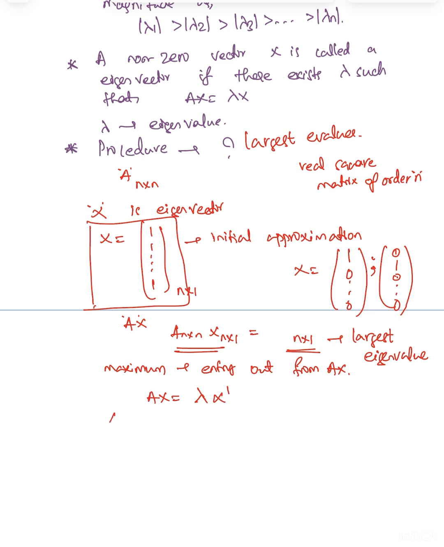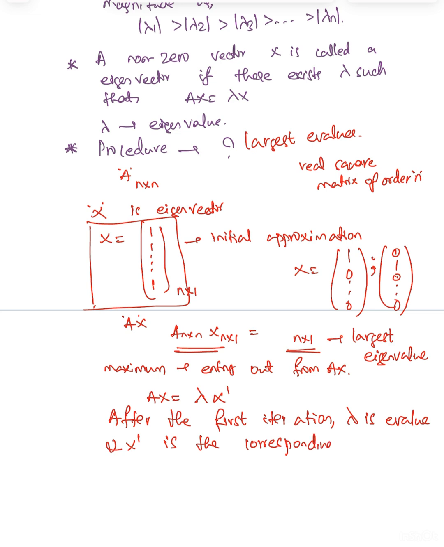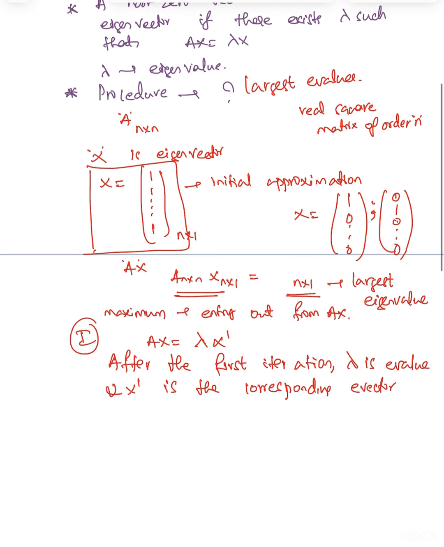After the first iteration, lambda is the eigenvalue and x dash is the corresponding eigenvector. Now for the second iteration, our approximation for the eigenvector is x dash.